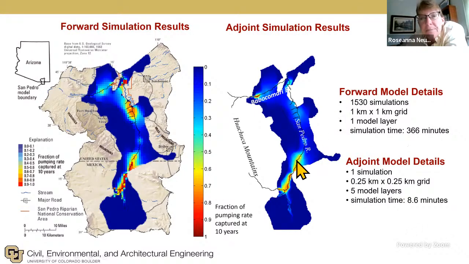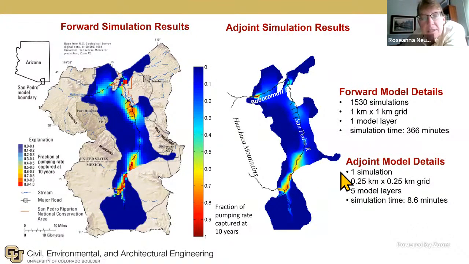The results of the adjoint model are shown on the right. This is the same location, the same aquifer, but in this case, I didn't run individual simulations for each possible well location. I just put in the perturbation along the river, like I showed on the previous slide or two, and allowed that to propagate into the aquifer for 10 years.